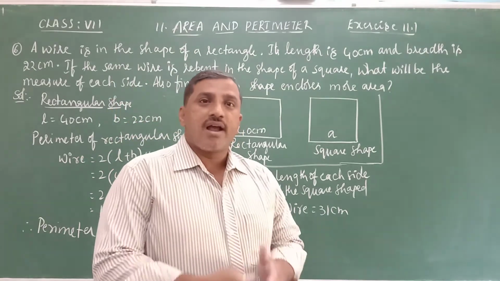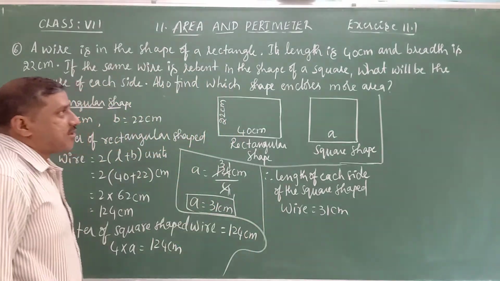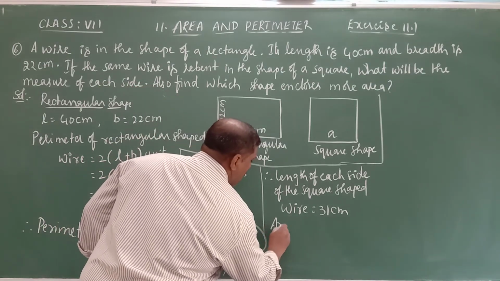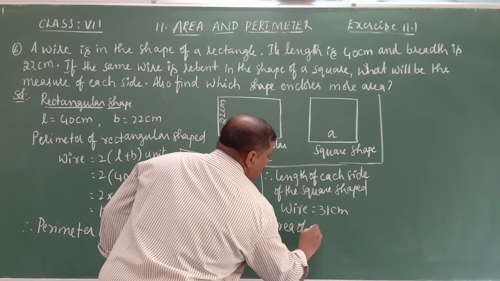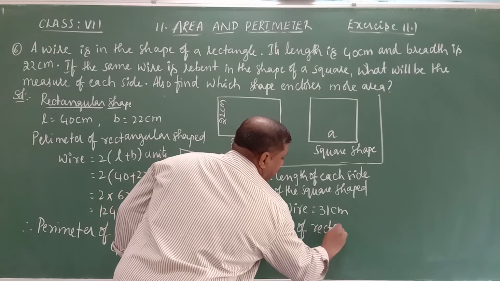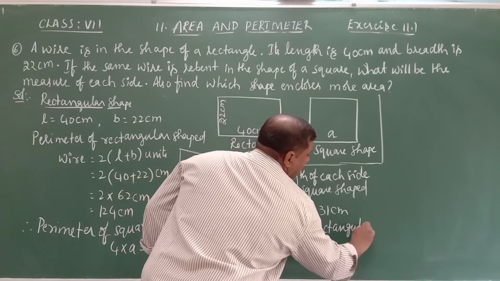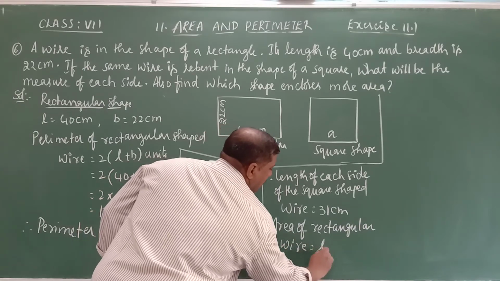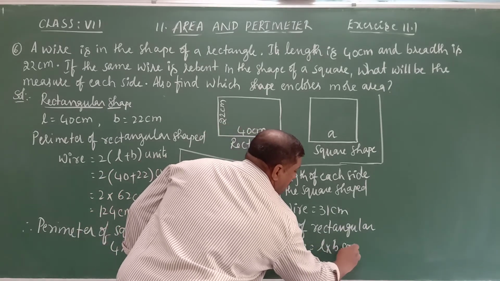That means compare the areas of both the shapes. So first find the area of one shape. The area of the rectangular wire is, what is the formula? It is L into B square units.